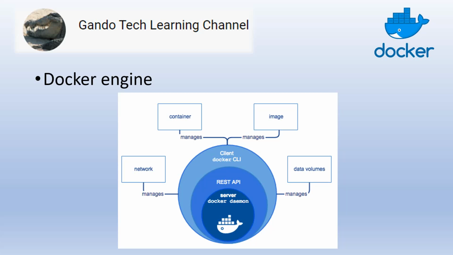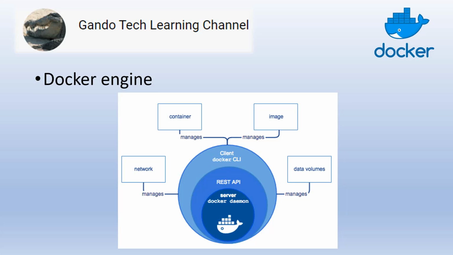The network is used whenever the application wants to communicate with the outside of Docker or with other containers. It enables you to communicate with other things. The container, in the best way to put it, is the runnable part of the image.